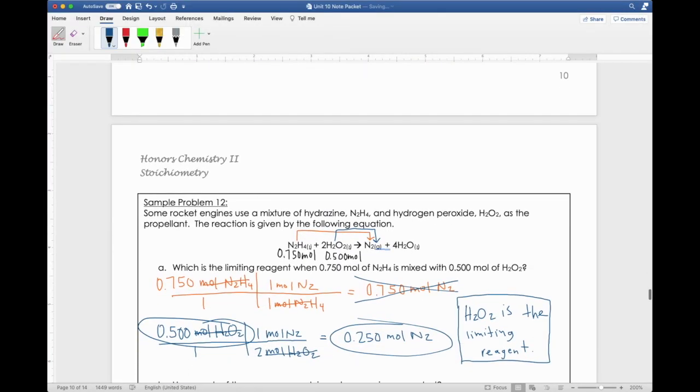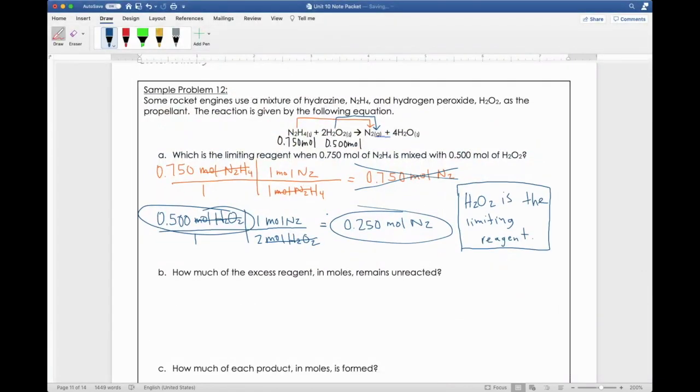So it's another problem, which, these can get very tedious, I know, but like I said, it's the name of the game, so we have to do it. We know that peroxide's the limiting reagent. So all 0.500 moles of that is getting used up. And because that's all getting used up and all of this hydrazine is not getting used, some of this is going to be left over.